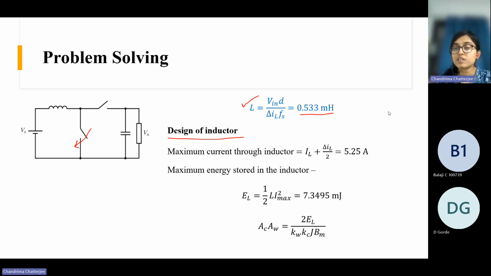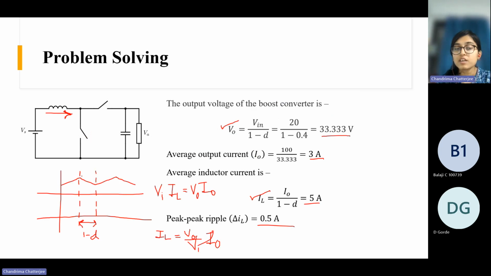We will design in the same way that we discussed, step by step. So first, we will find out the maximum current through the inductor. Inductor current is like this, right? There is average value and there is some ripple.